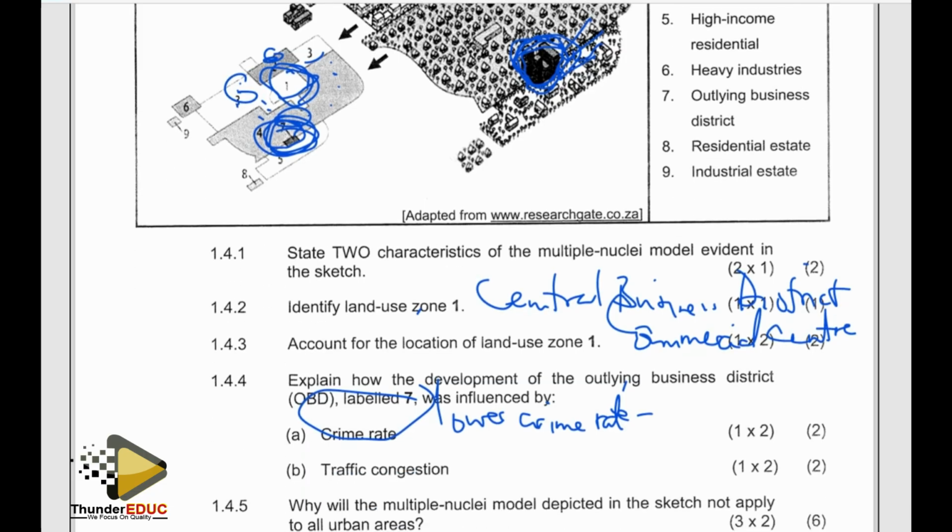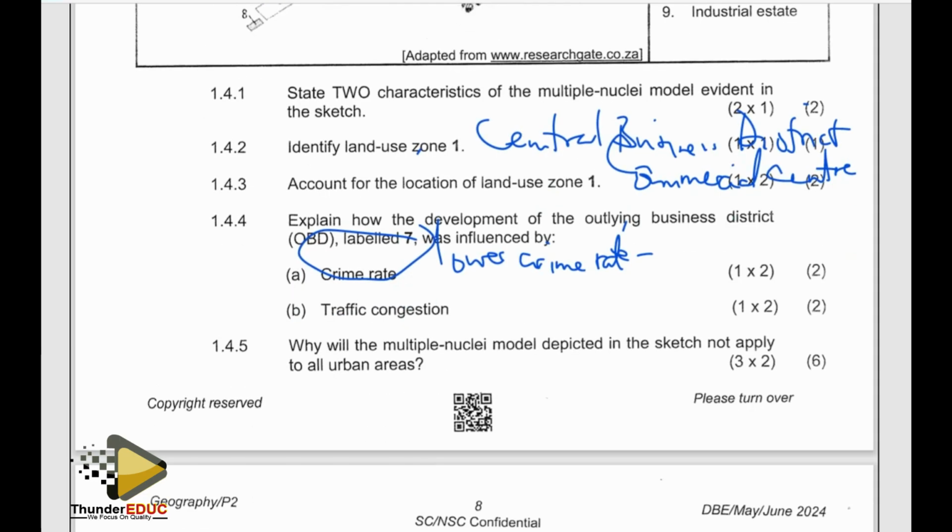And if we check also, let's go to traffic congestion. How do we relate traffic congestion to the development of this urban outlying business district? Here there is less traffic congestion. Why is it that there's less traffic congestion in the outlying business district? This has less traffic volume.